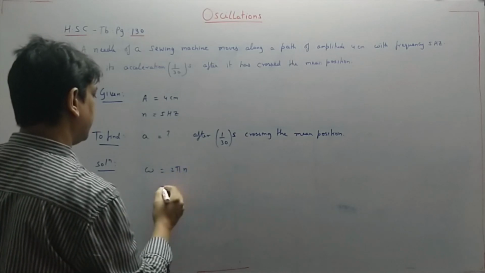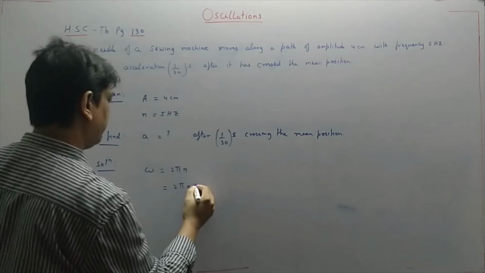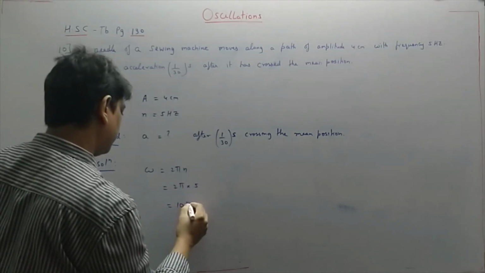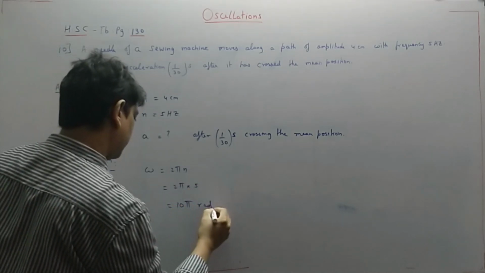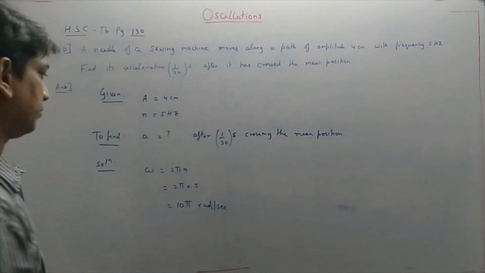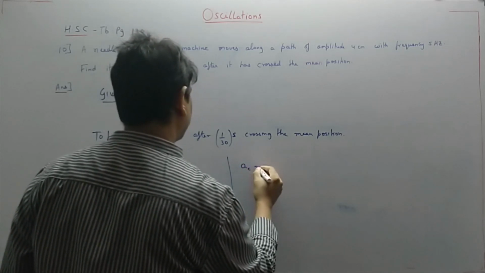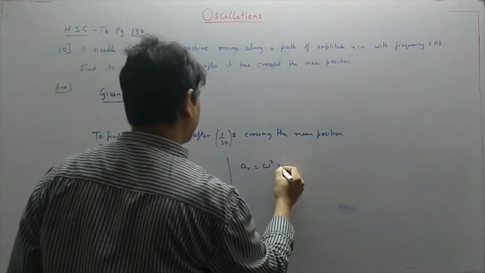Omega is 2 pi n, that is 2 pi into frequency, which is given as 5, so omega is 10 pi radian per second. Then we use the formula for acceleration, omega square x.